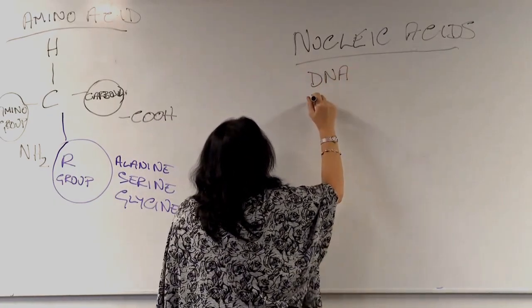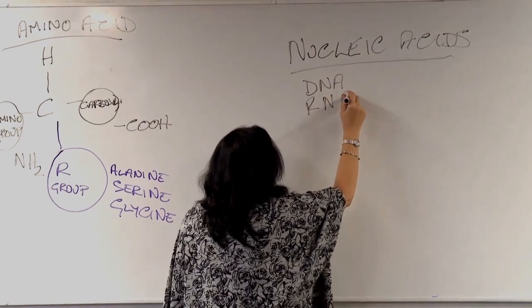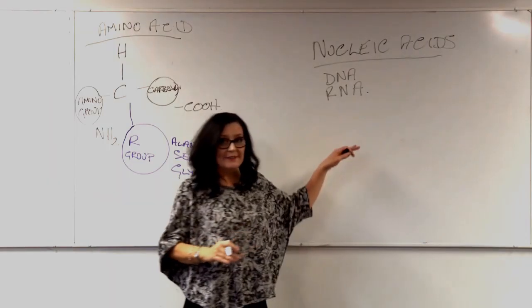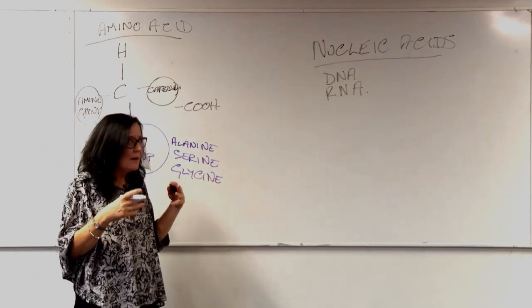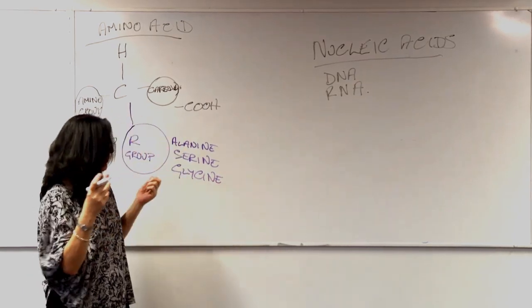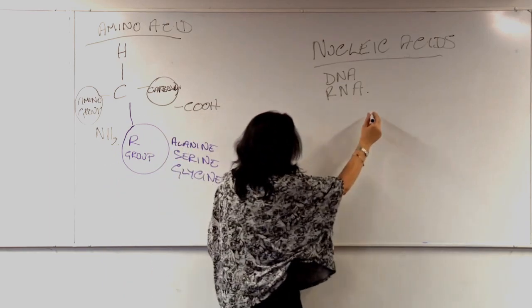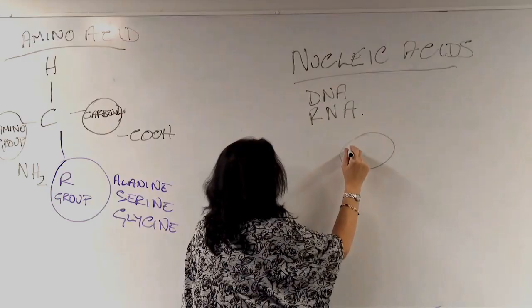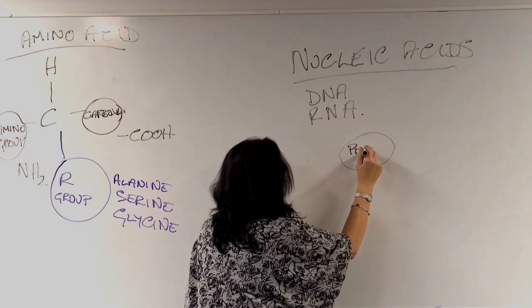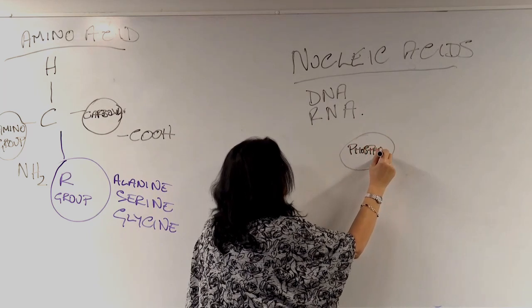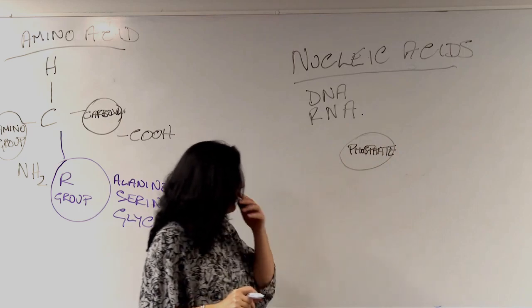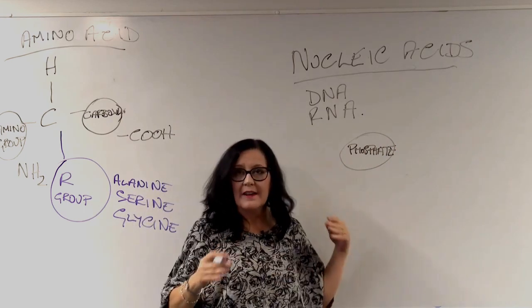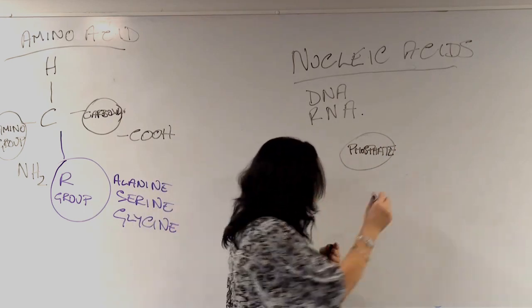DNA, RNA. What makes the difference is the type of sugar in this molecule. So we will have a phosphate group. We've already met phosphates, and that is bound to a sugar.